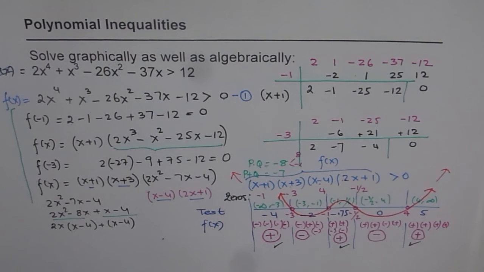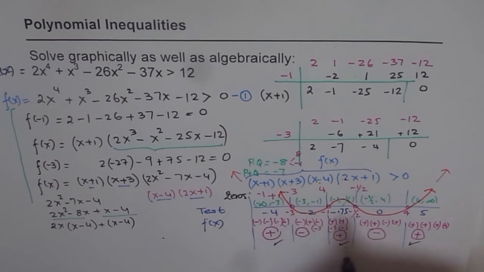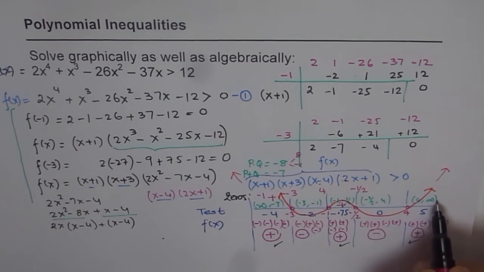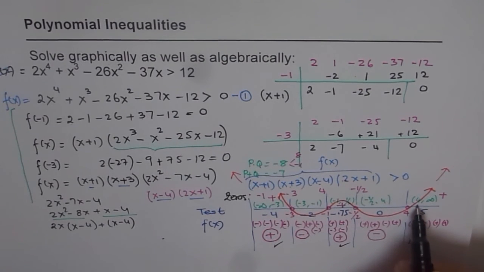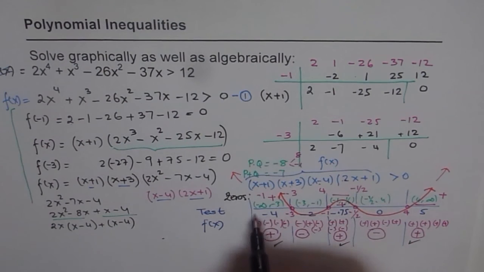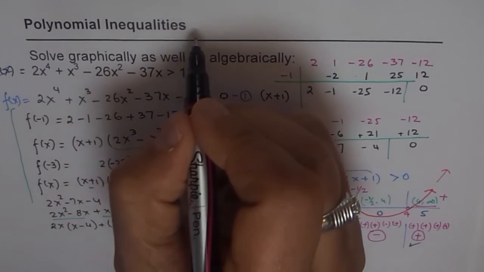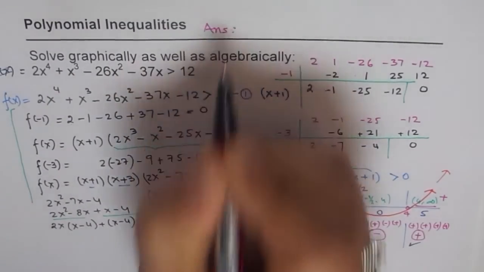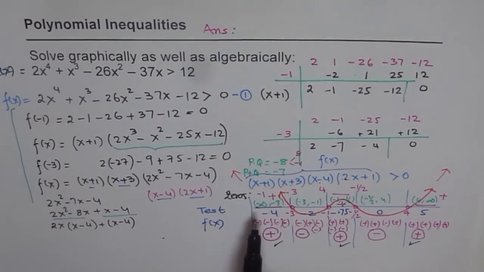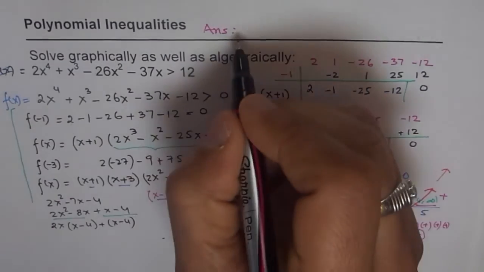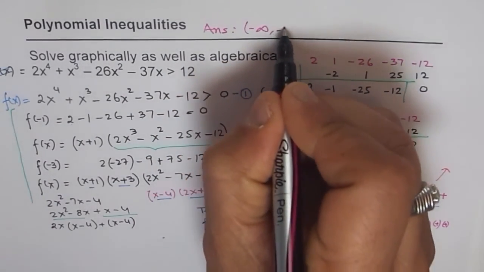And as you can see, where is it positive? It is positive in this interval, in this interval, and in this interval. So these 3 intervals are part of our solution. Do you see that? That is how graphically we get the answer. Is it okay? So I'll write down the answer right here. Minus infinity to minus 3.